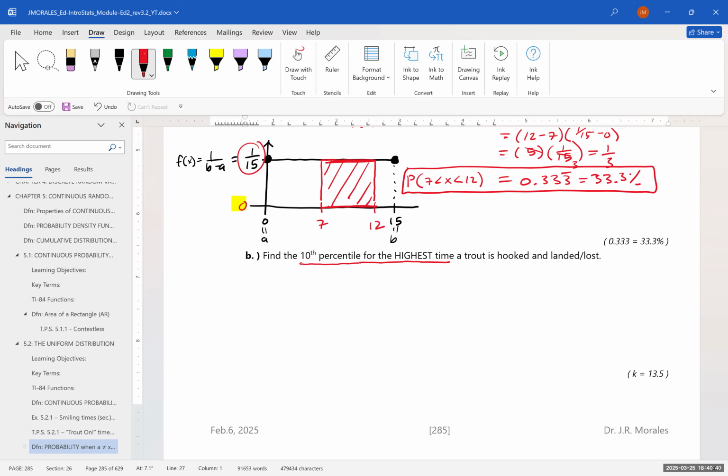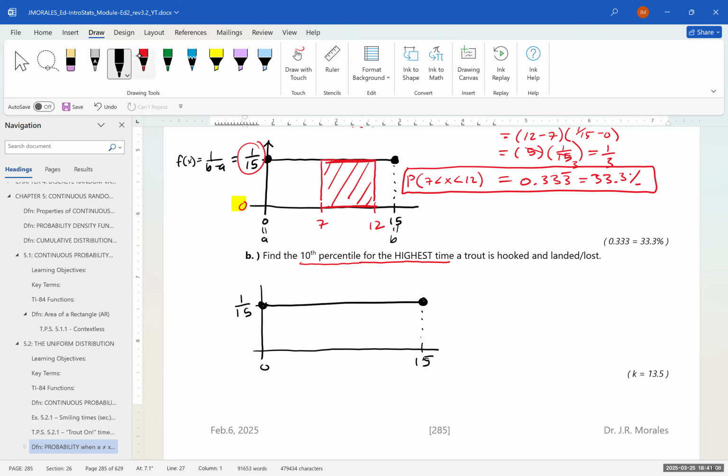So let me show you what that means. I'm just redrawing my uniform distribution here.